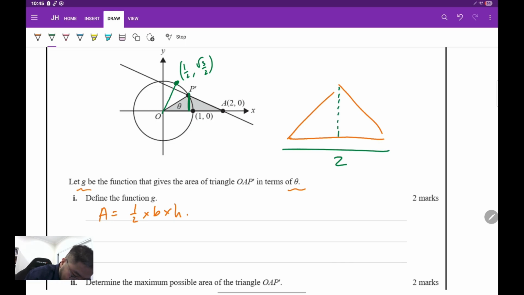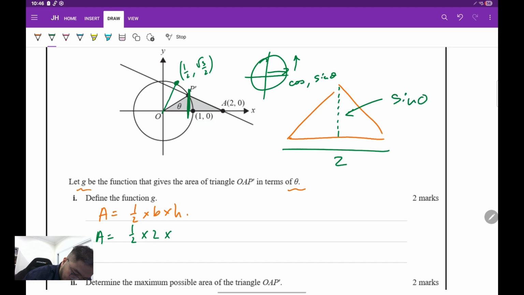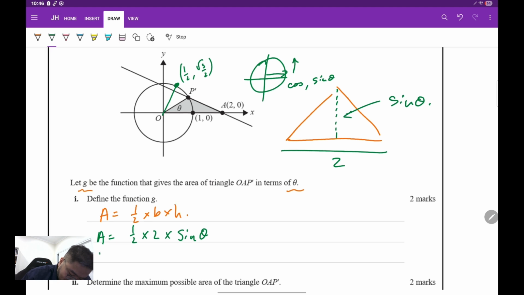If we cut it right there, the height is unknown. So area is equal to a half times 2 times the height. But if you remember the unit circle, we can define the width as cos and the height as sine theta. So the height in this case is sine theta. With sine theta, that'll change the value for P, but in this case it's in terms of something. You're not actually asked to find an exact area. So we can simplify this: area is equal to, that cancels out, sine theta.